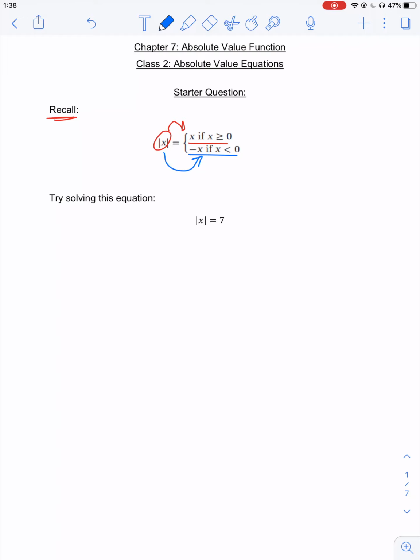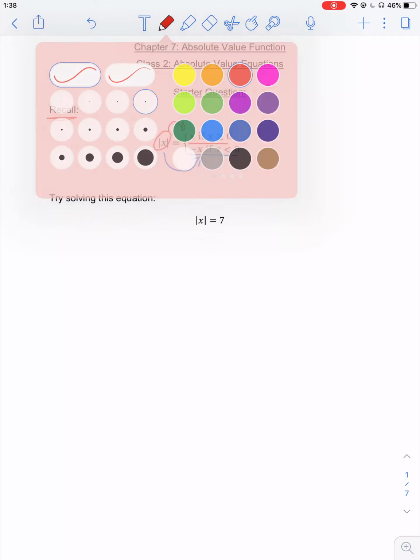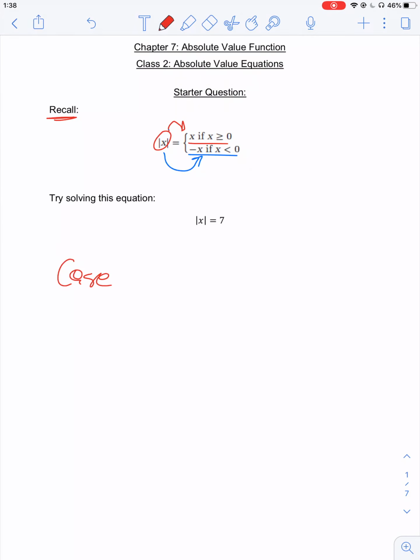Case one is when x is greater than or equal to 0. So if x is greater than or equal to 0, then the absolute value of x, actually, I have to be consistent with my color. Sorry about that. Case one in red is when your x value is greater than or equal to 0.